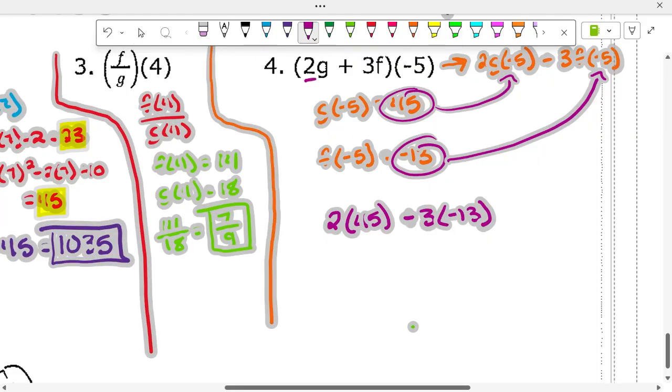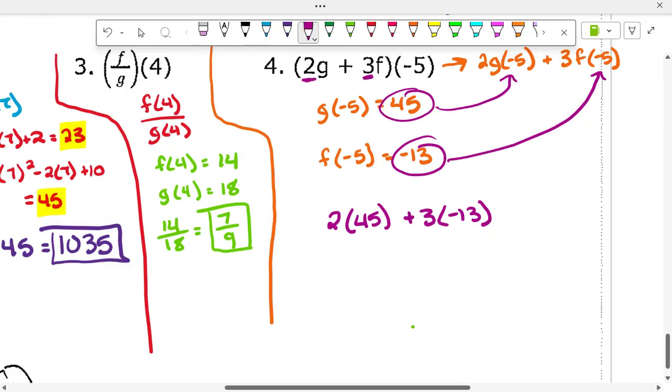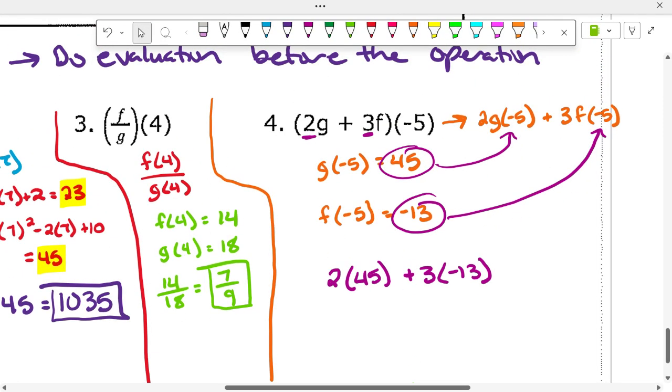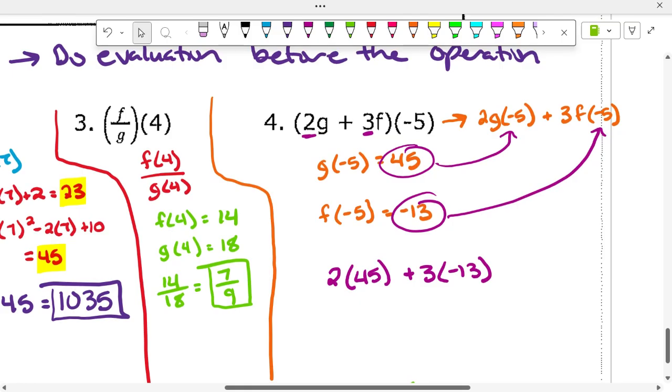So these numbers right here, it just means that we're actually multiplying those numbers to the new numbers that we got after the evaluation. Remember those, so 2 and 3 are our scalars here. All right, they're a constant that we're multiplying to each function. But since we're doing the evaluation first, we just have to multiply them after we evaluate.